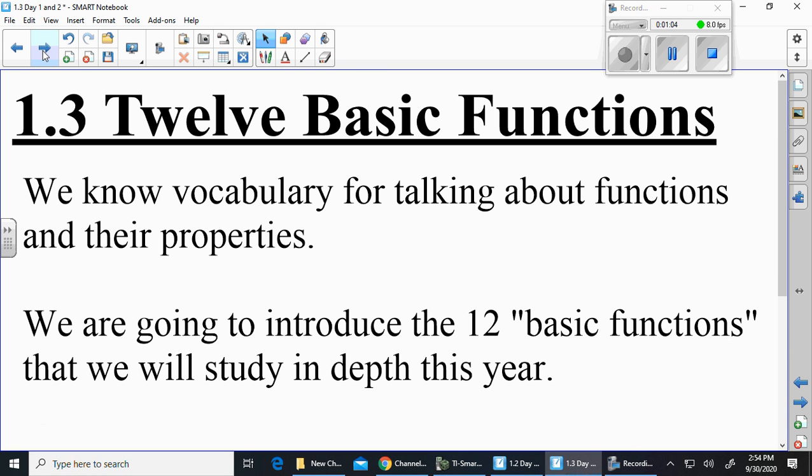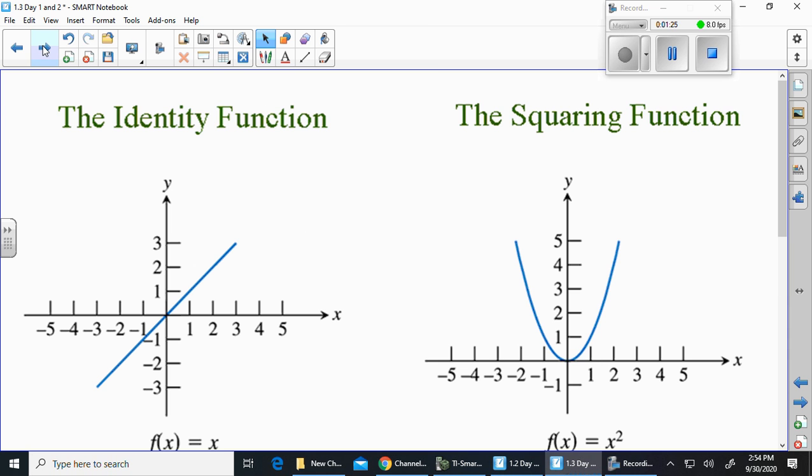So we know the vocab for talking about functions and the properties. We're going to introduce the 12 basic functions that we're going to study in depth this year. Sine and cosine are the ones we do the second semester. The other 10, we do 8 of the 10 this first semester.